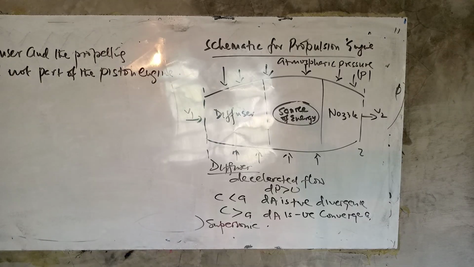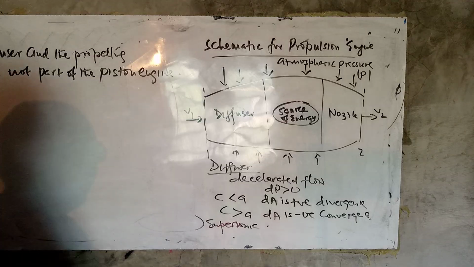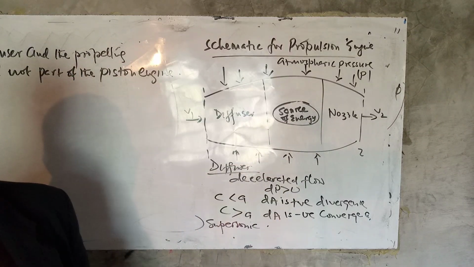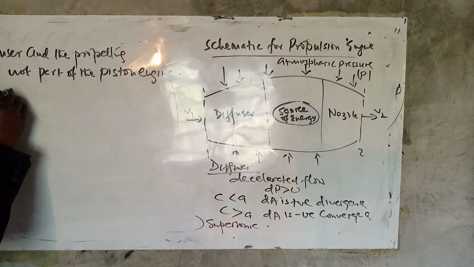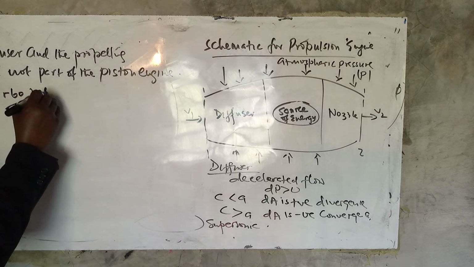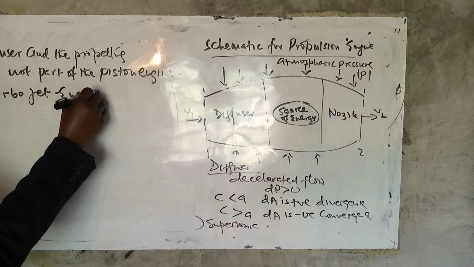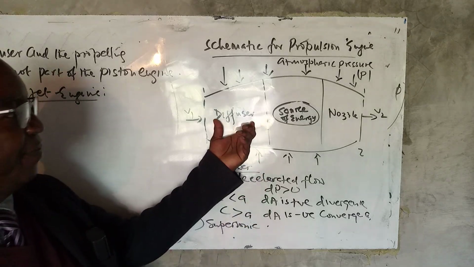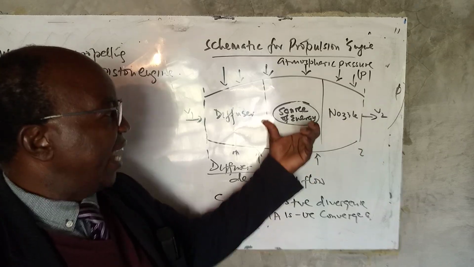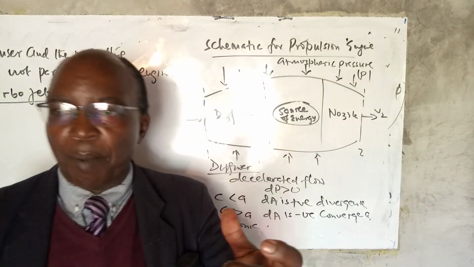Always remember that. And so, in the case of, for example, a turbojet engine, we have the diffuser, we have the nozzle, and the source of energy has three components.